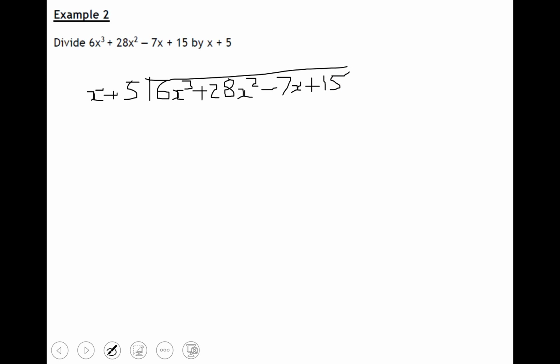We go through the same process again. What do we multiply x by to get 6x cubed? That's 6x squared. That goes in the quotient. 6x squared times x plus 5 is 6x cubed plus 30x squared.